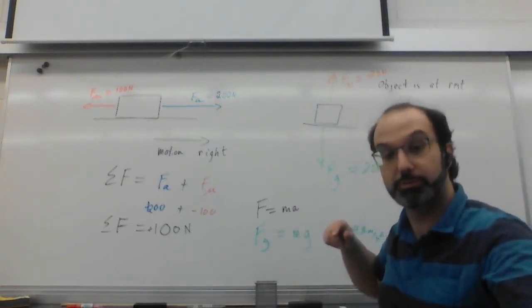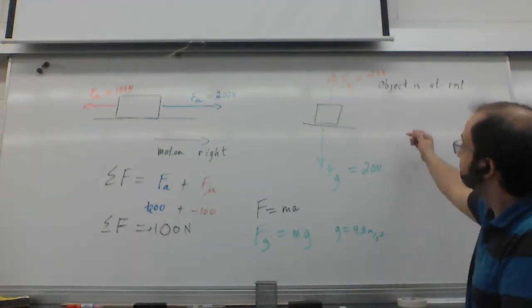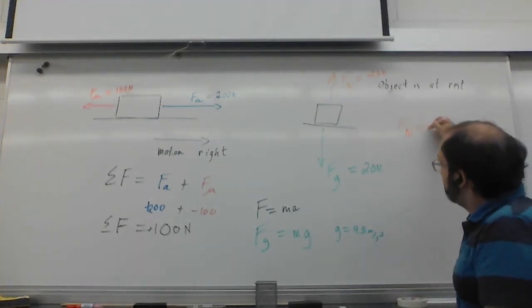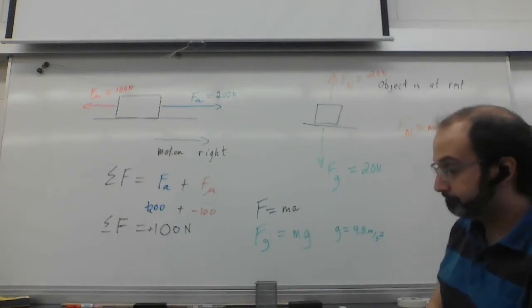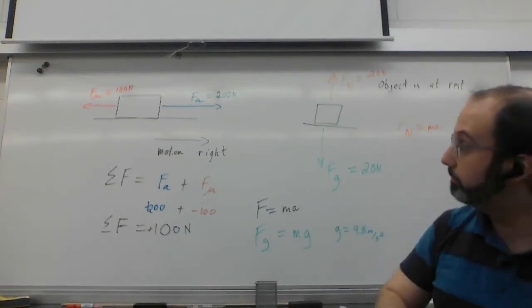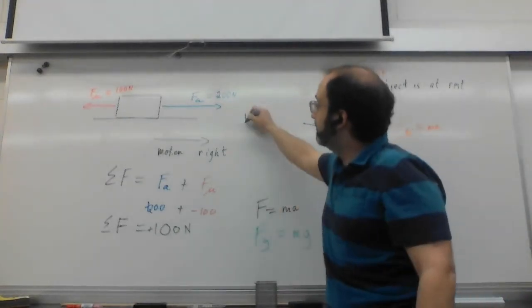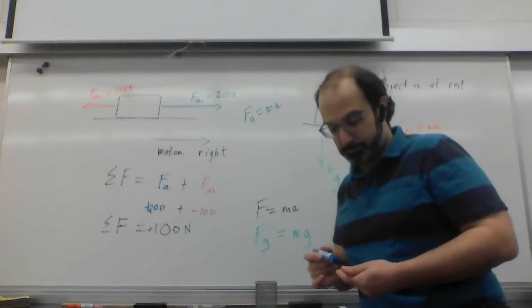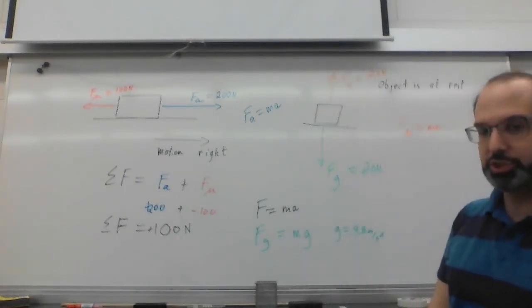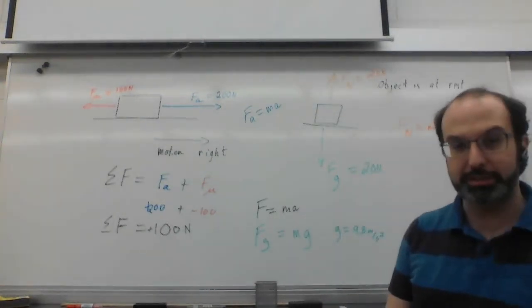I could write, for example, Fn equals ma. Over here, I could write Fa equals ma. Now, admittedly, only Fg has an acceleration due to gravity that we already know.